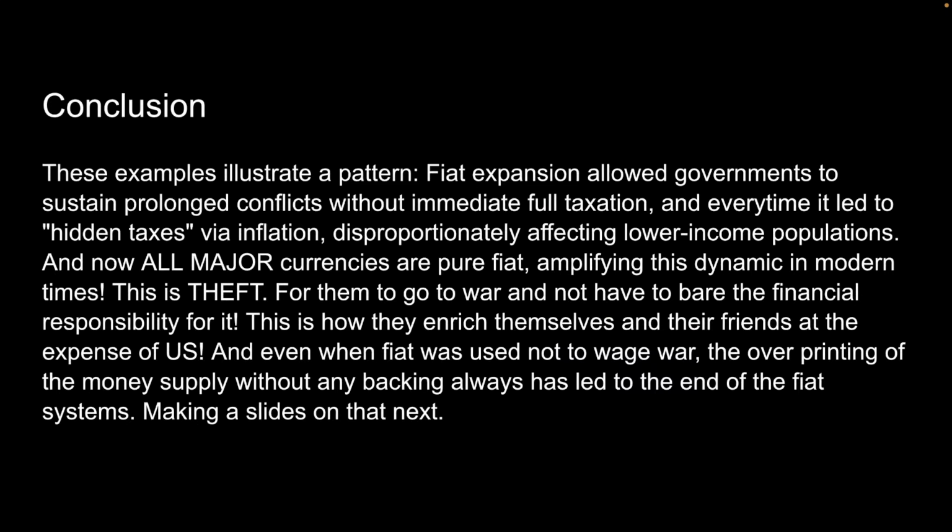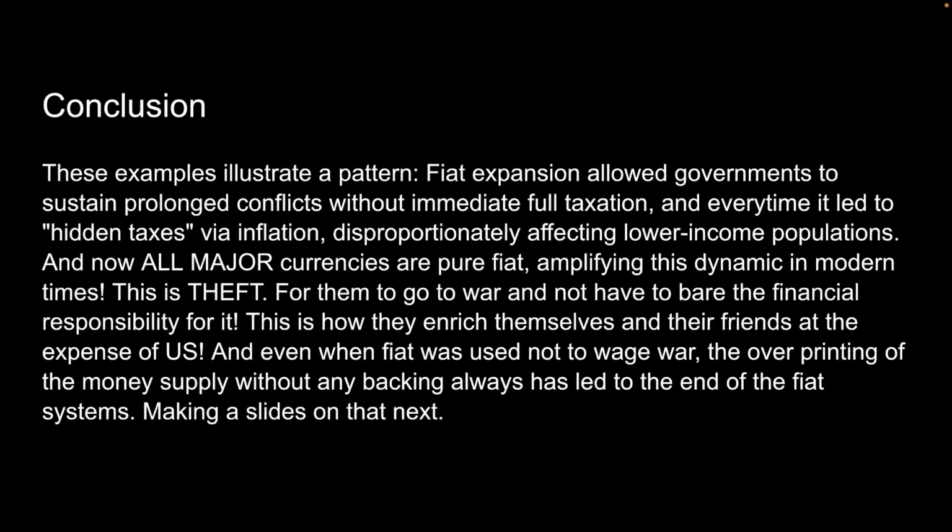The conclusion: these examples illustrate a pattern. Fiat expansion allowed governments to sustain prolonged conflicts without immediate full taxation, and every time it led to a hidden tax via inflation, disproportionately affecting lower income populations. And now all major currencies are pure fiat, amplifying this dynamic in modern times.